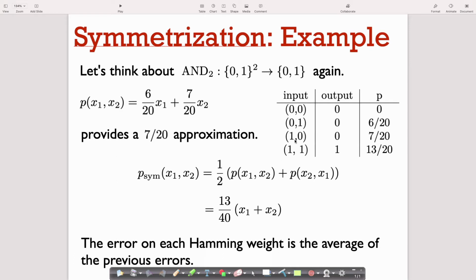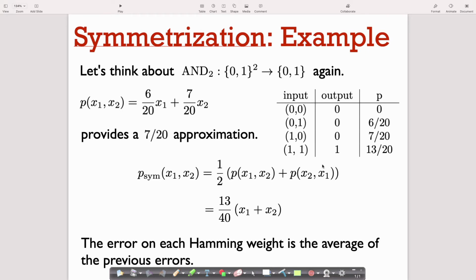So on, say, input 1, 0, initially p had error 7 over 20, but now p sim on input 1, 0 has error 13 over 40, which is the average of the error that the original p had on inputs of Hamming weight 1.